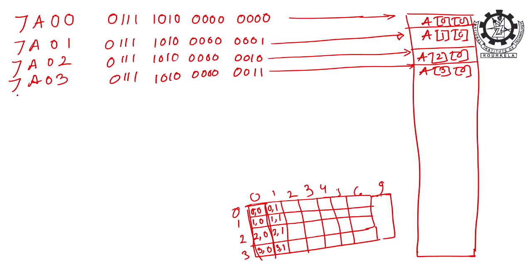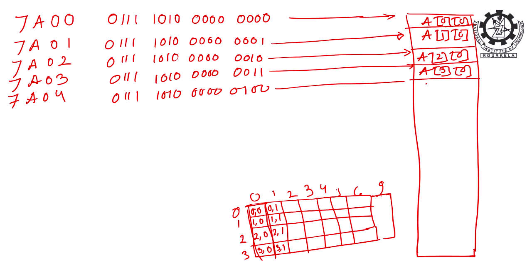So, therefore, next location will be A04, this will be the same, 1010000, this will be 0100. So, this will be A01. Okay. So on. So, then total 40 elements. So, what will be the last element? A27, right.